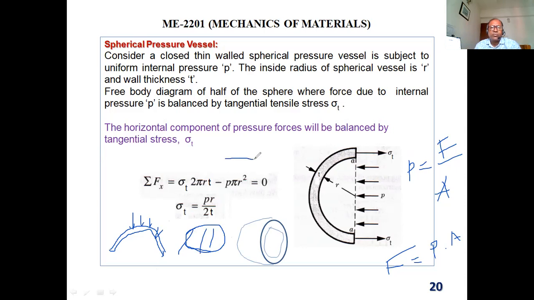Say you'd like to figure out the atmospheric pressure on the roof of a building. How will you figure it out? You take the area times 14.7, and you get the force on the building. Now, you will see some fancy buildings whose roof is not horizontal.